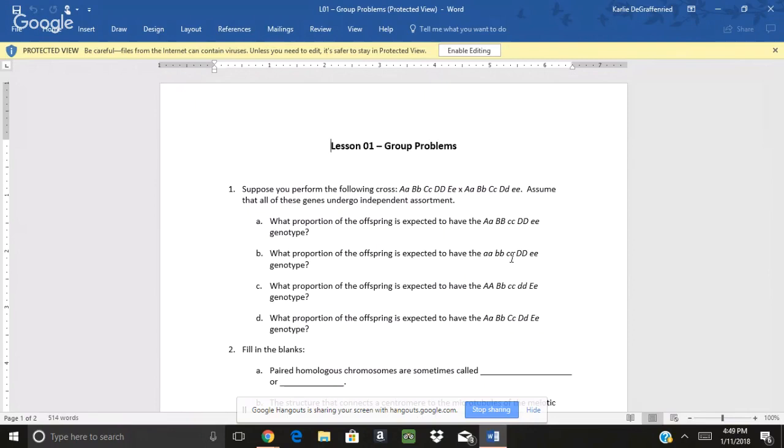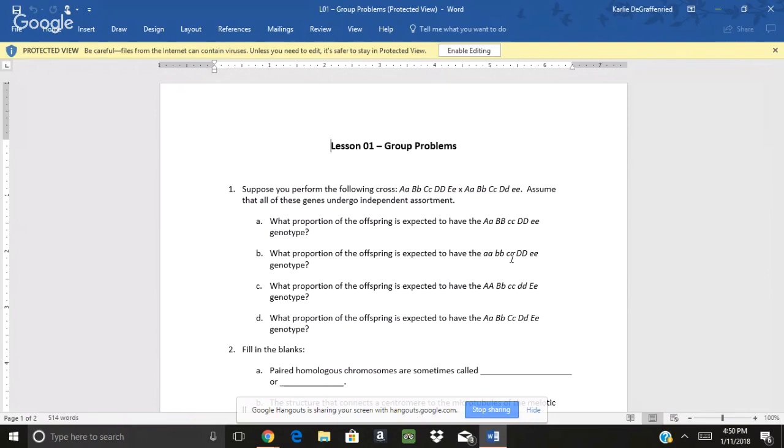Not sure if that is right, but it's asking if you can have a recessive D gene, and that's not possible when you have a homozygous dominant D with a heterozygous D. You're always going to have a dominant trait there.